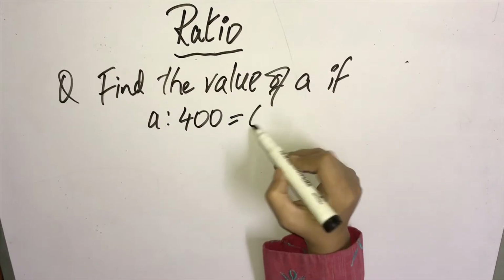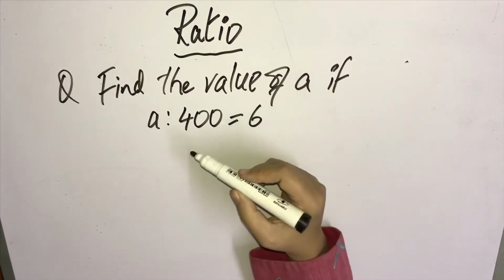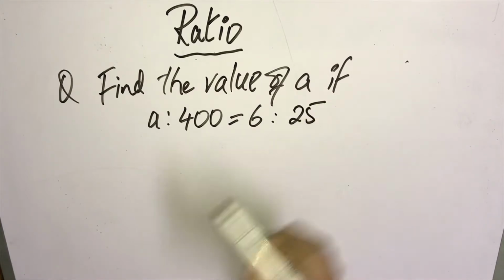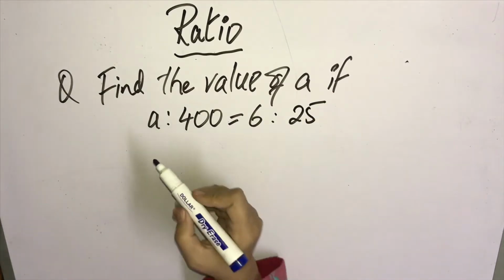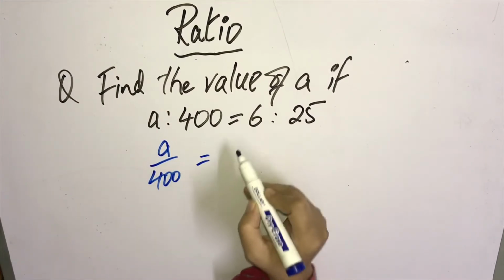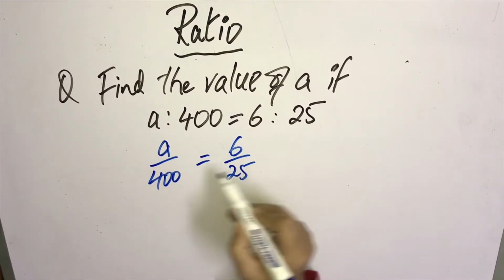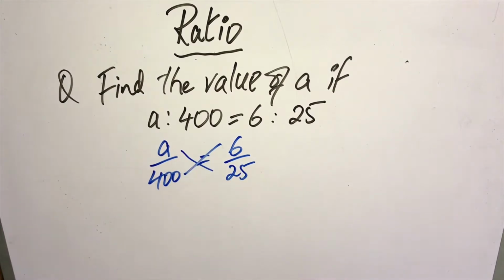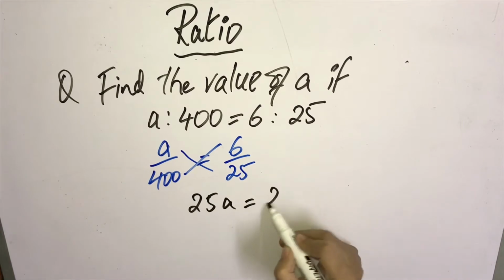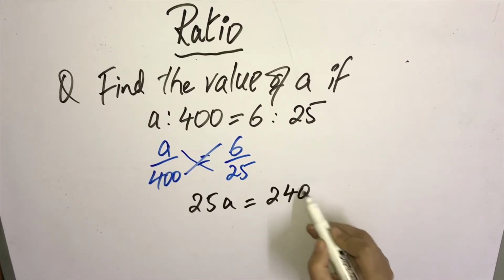Another question like this: find the value of a if a ratio 400 equals 6 ratio 25. What we are going to do, we are writing them in fractions and then we are going to cross multiply. 25a equals 6 multiply 400 is 2400.